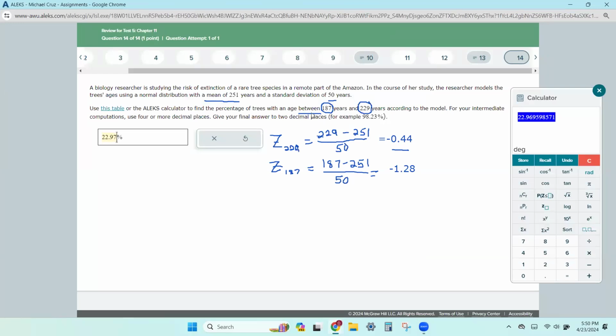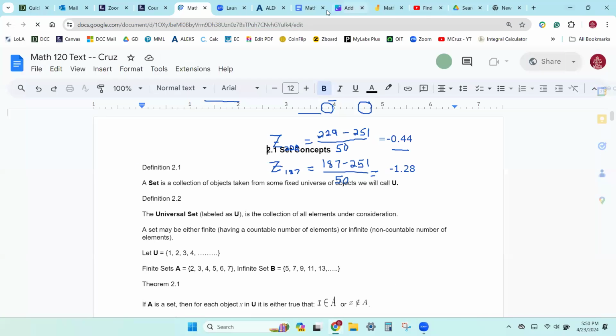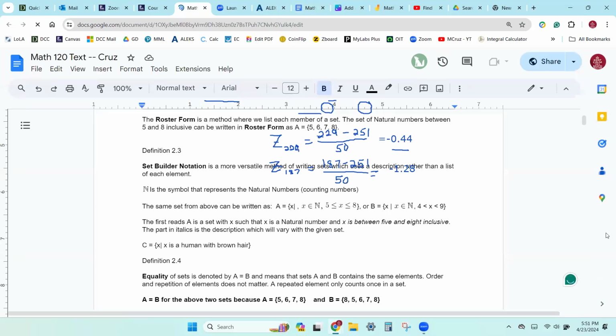So that's what's here. It's between. So when we do between, I'll show you both of those over here. It's way down here at the bottom.